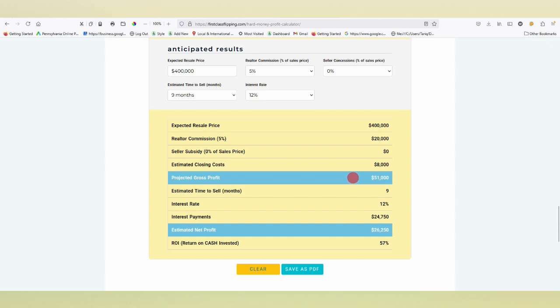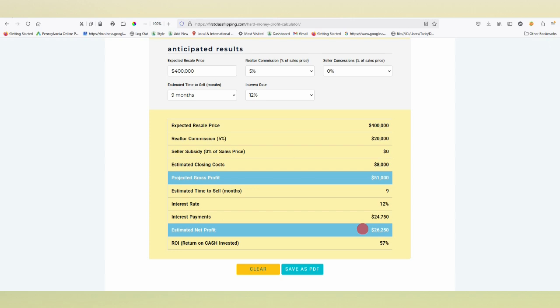Now remember, you borrowed money, and it took you 9 months at 12% interest on your loan, so you had almost $25,000 in interest payments to your lender. After you factor that in, your estimated profit is about $26,000 on this deal. So it's up to you to decide if this is a good deal or not.